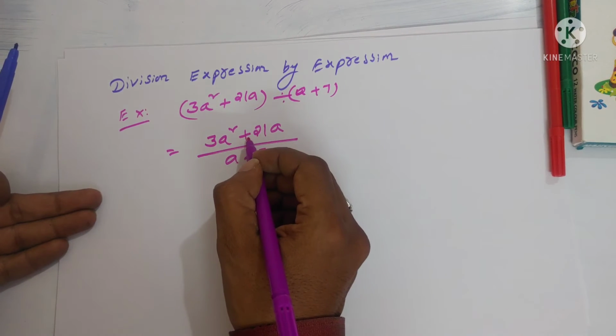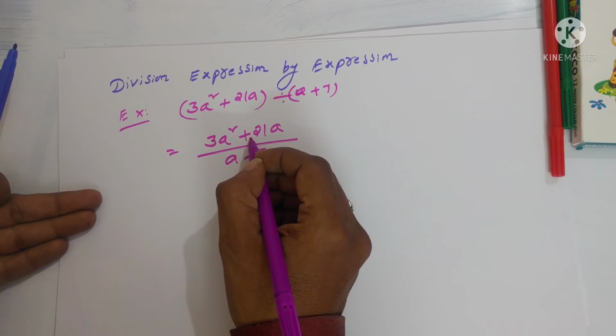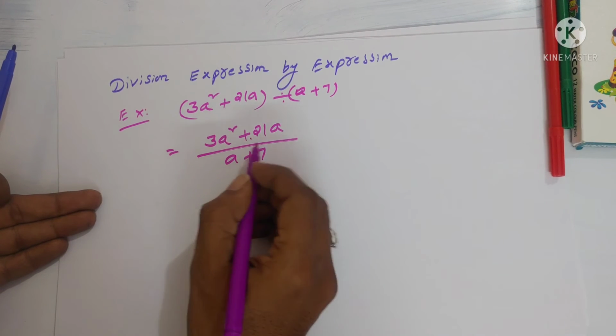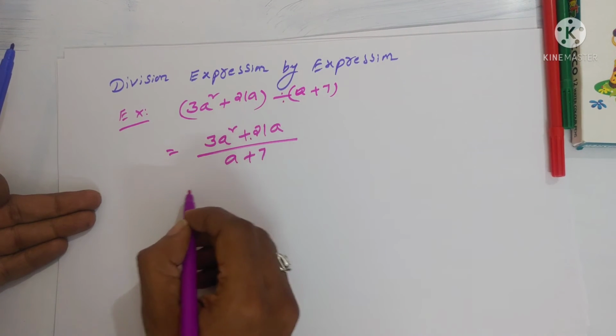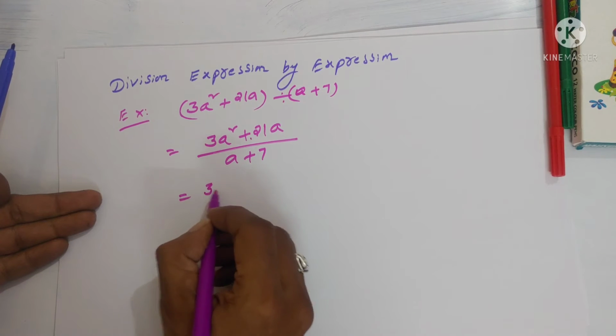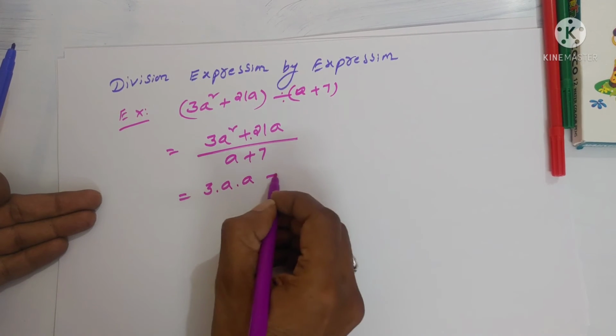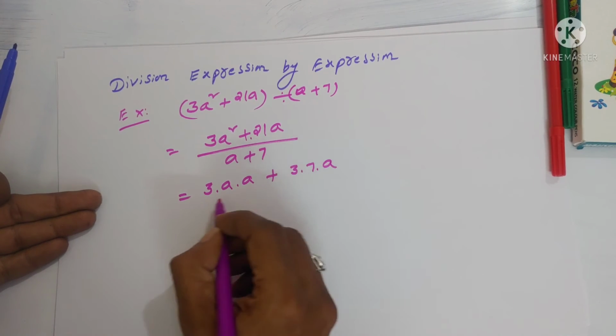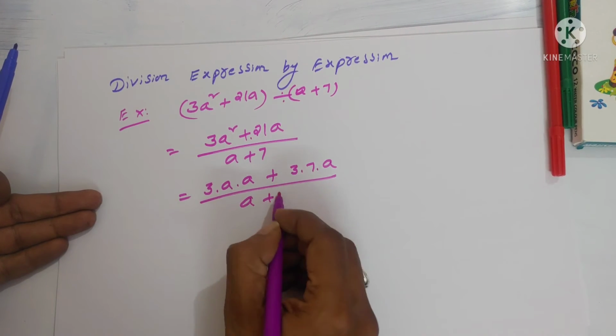Now here factorize 3a square plus 21a first of all. So you can write it as 3 into a into a plus 21, nothing but 3 into 7 into a. On the denominator, a plus 7 keep as it is.